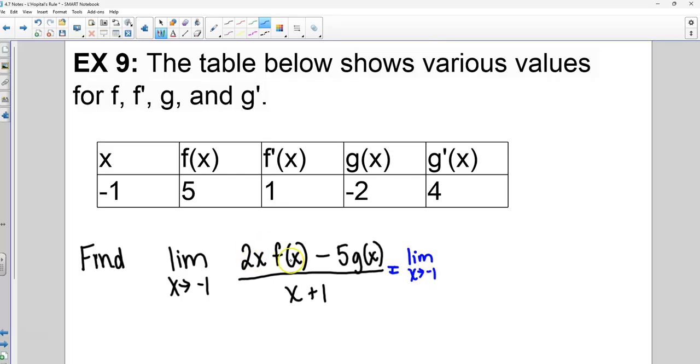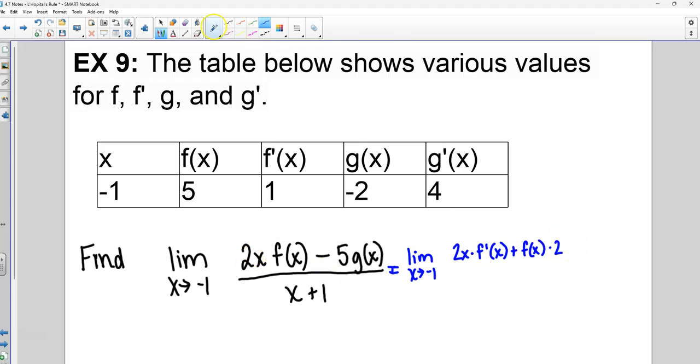The derivative of 2x times f of x minus 5g of x, you've got to do a little work here, right? This is going to take a product rule on that first part. 2x times f prime of x plus f of x times the derivative of 2x, which is 2.